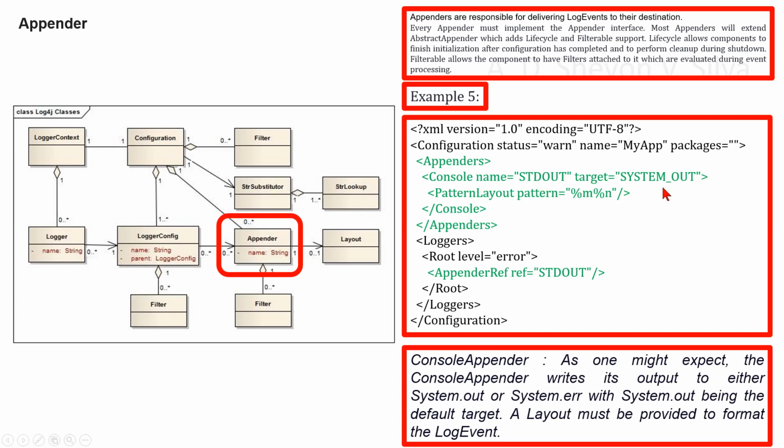The layout must be provided to format the log event. Here the parameter name, the name of the appender. This is the target string, either SYSTEM_OUT or SYSTEM_ERR. The default is SYSTEM_OUT.